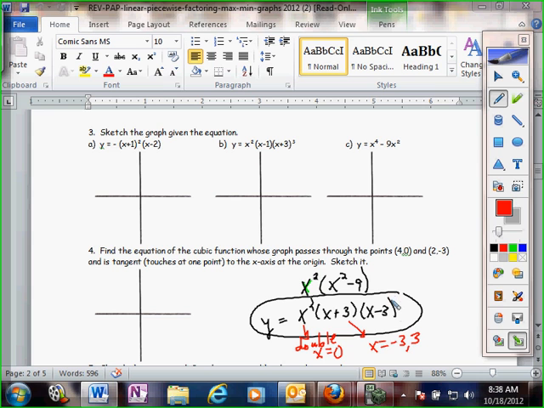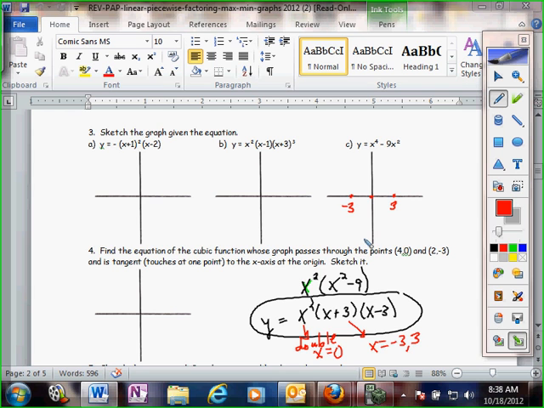And the reason I need to know that is because if you look at note card 28 where it talks about end behavior, you have to be able to tell whether the function falls from the left or rises from the left in order to graph it. I can tell you right now, since I have a root at 0, I can mark that little spot. I have a root at negative 3, I can mark that little spot. And I have a root at positive 3, so I can mark that little spot.